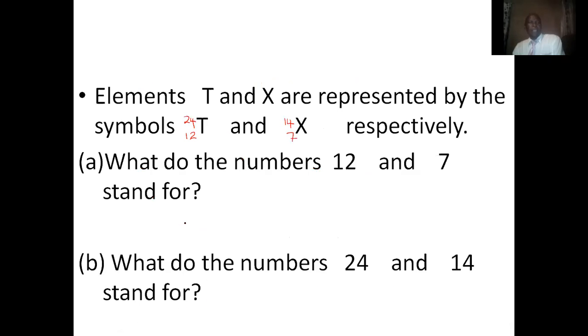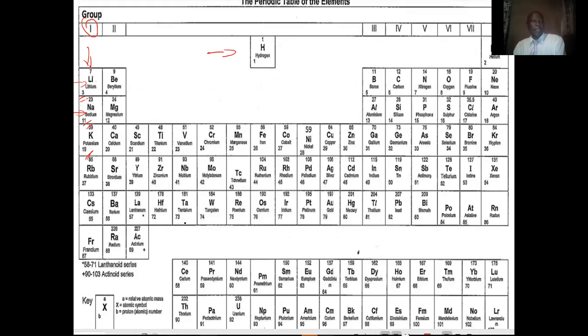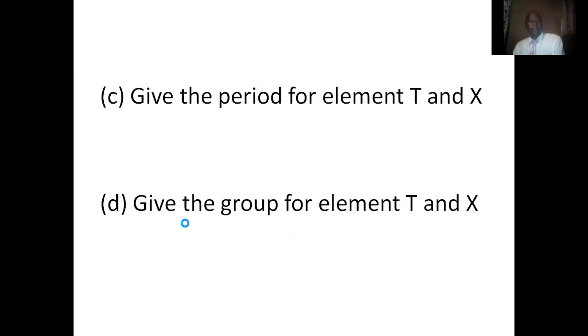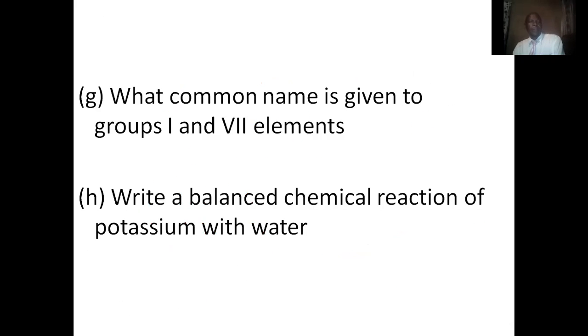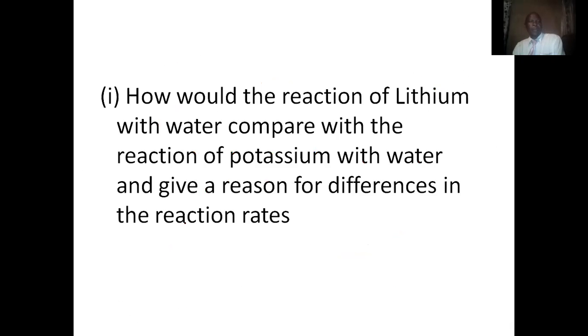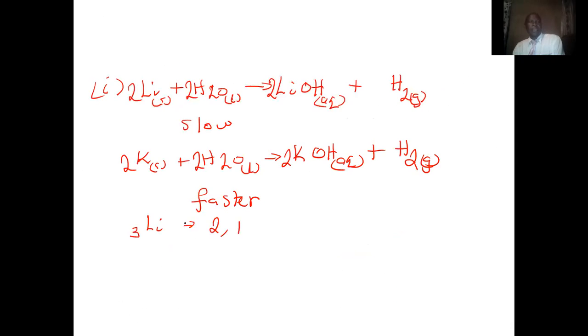While for potassium, the atomic number is 19, meaning that the electron configuration will be 2, 8, 8, 1.